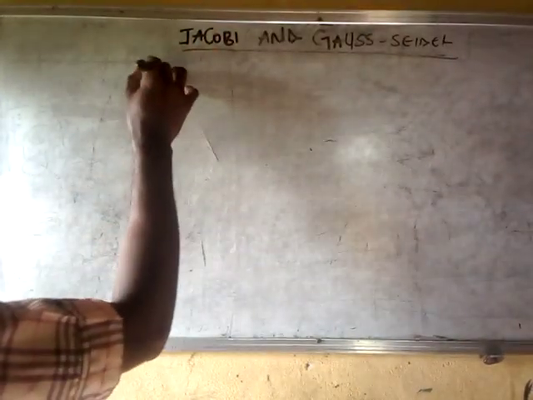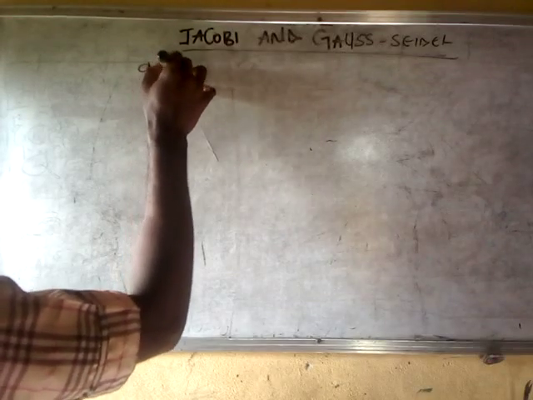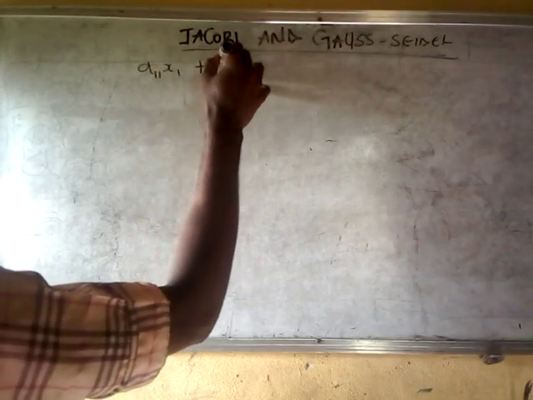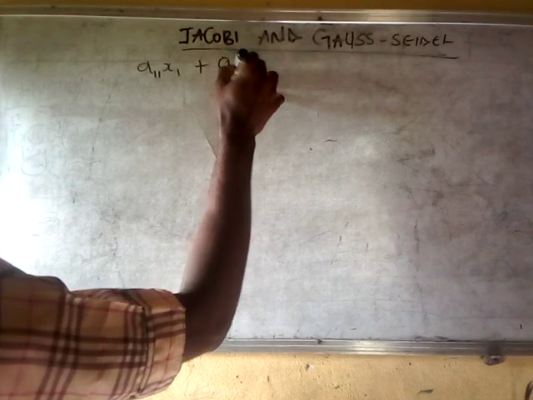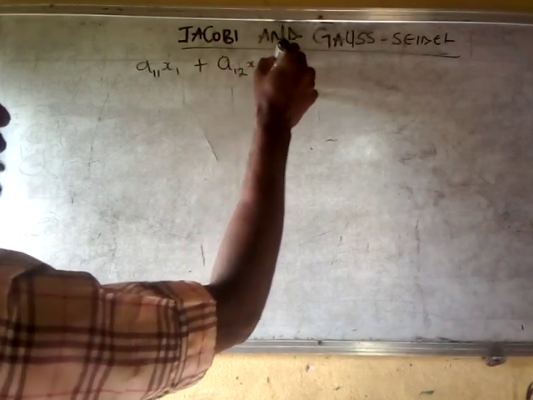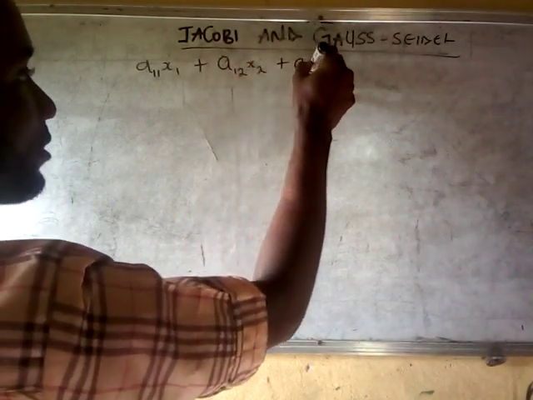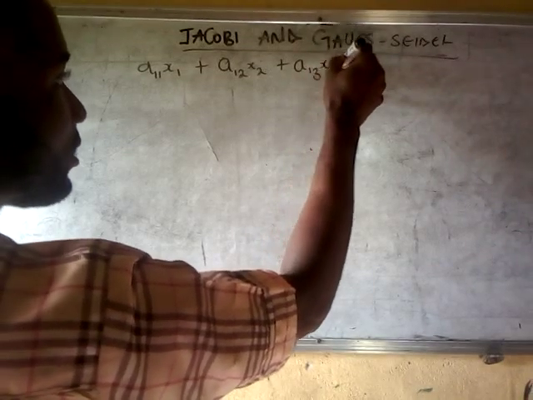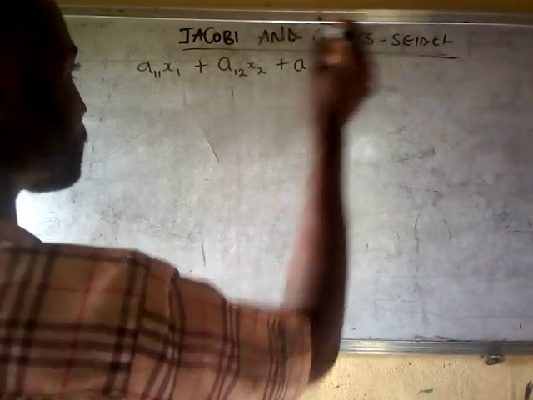If we have a11 x1 plus a12 x2 and a13 x3 is equal to b1.